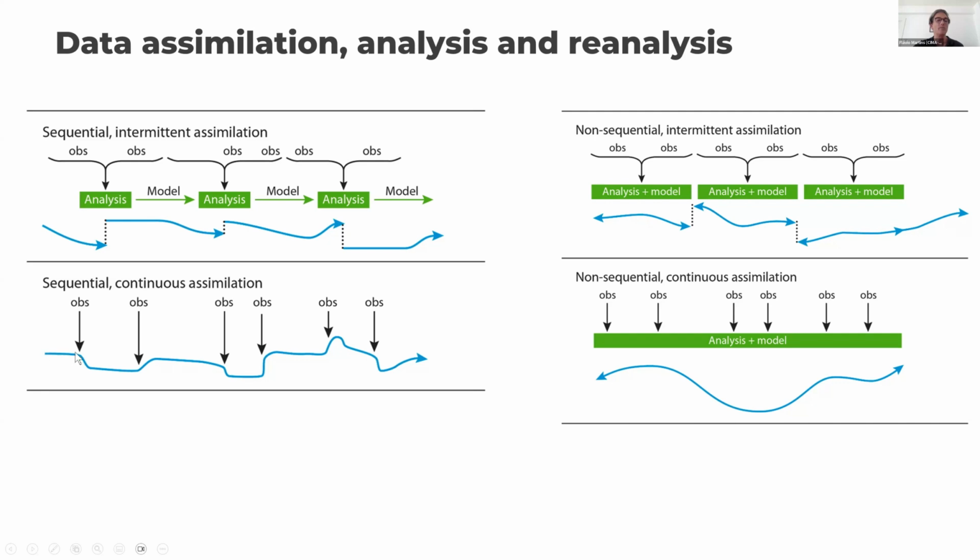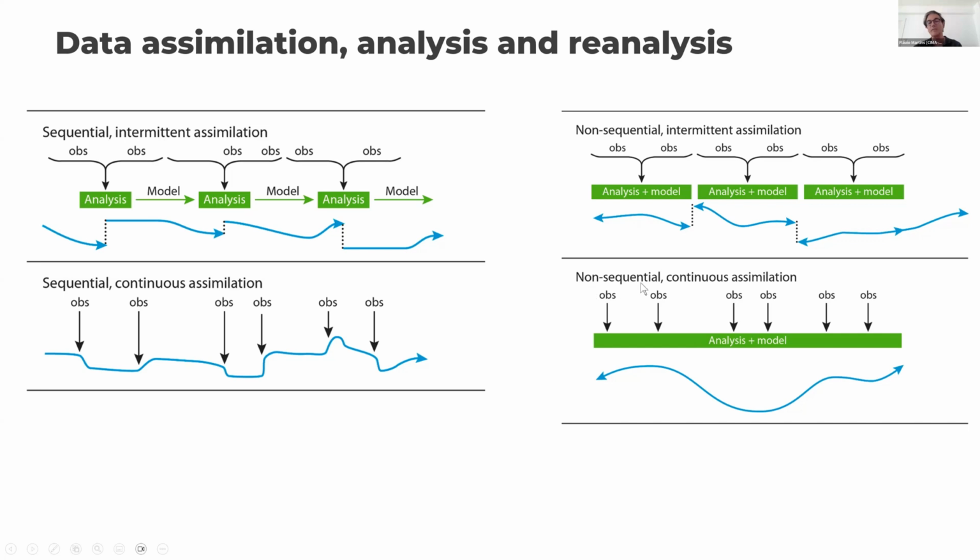Here you don't stop the model, you manage to input and change the model while it is running, okay? And there is the non-sequential intermittent assimilation, which is where you are changing the model along its computation, and then suddenly it's too far away, and then you restart the model and you run it again and again, okay?